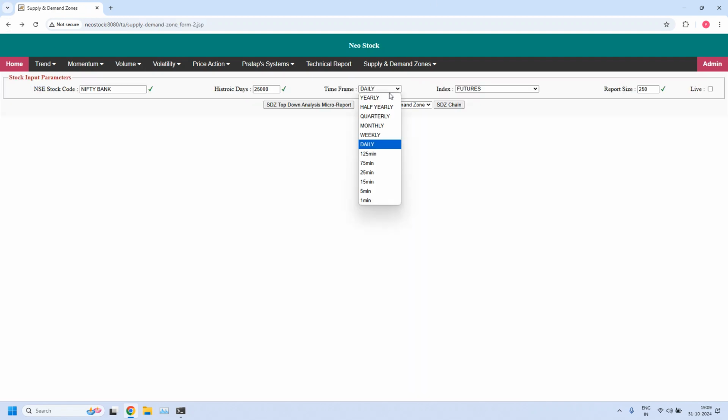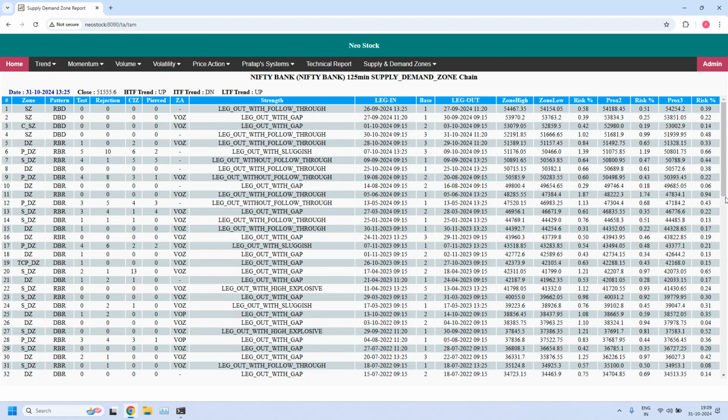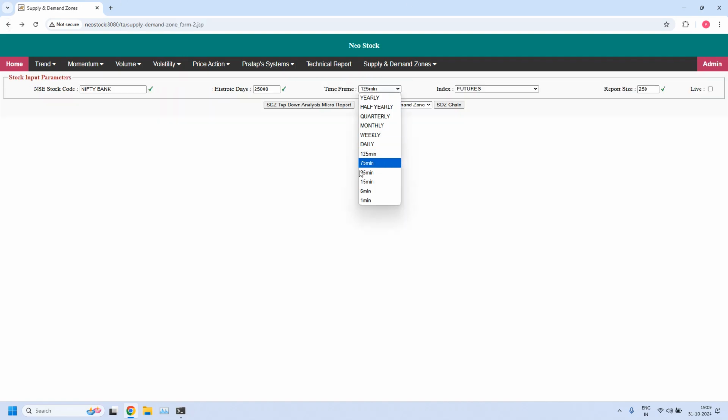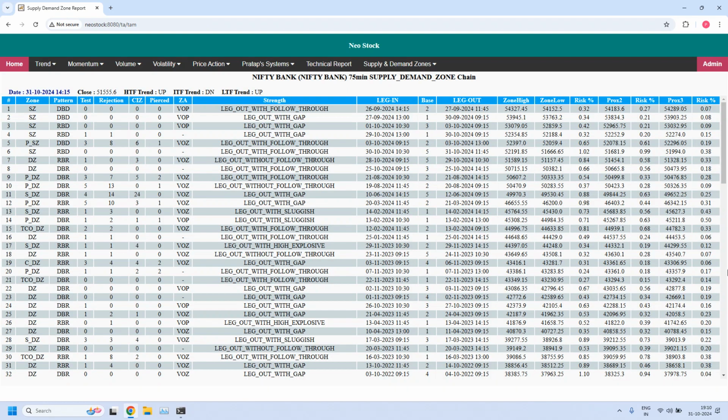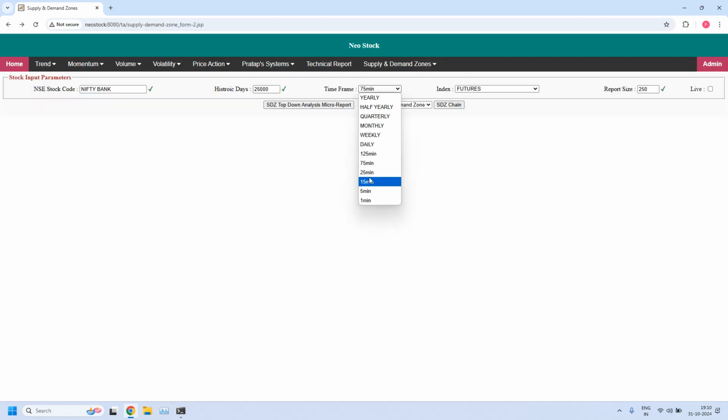Next time frame is 125 minutes, generating 125 minute supply demand zone chain for Bank Nifty. Next time frame is 75 minutes, generating 75 minute chain. Next time frame is 25 minutes, generating 25 minute chain.